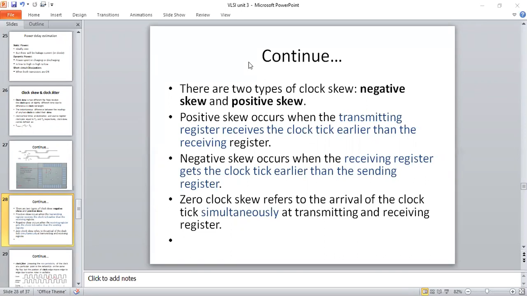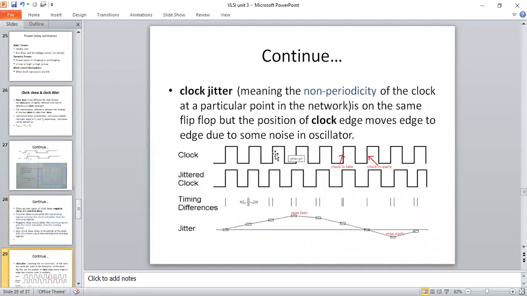And there is another small term called clock jitter. What is the difference between skew and jitter? In skew, the period of the signal will be the same, that is, the positive half cycle and negative half cycle will be in ideal condition.